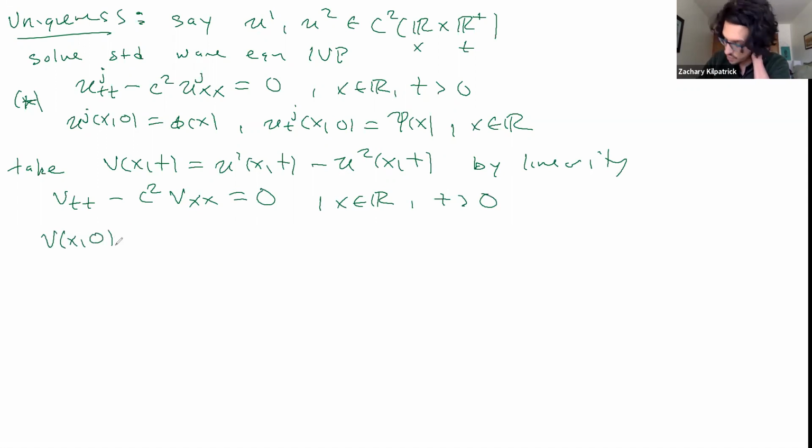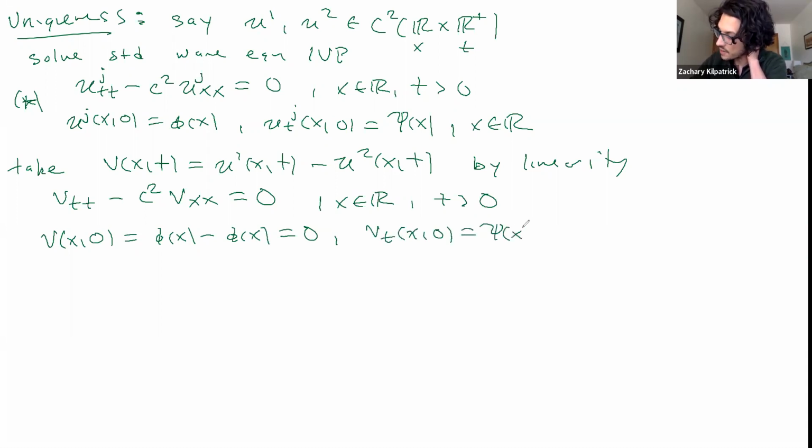But now I've removed my initial conditions, right? So I have v(x,0) is equal to phi(x) minus phi(x), or 0. v_t(x,0) is equal to psi(x) minus psi(x). This is equal to 0, on x in R.